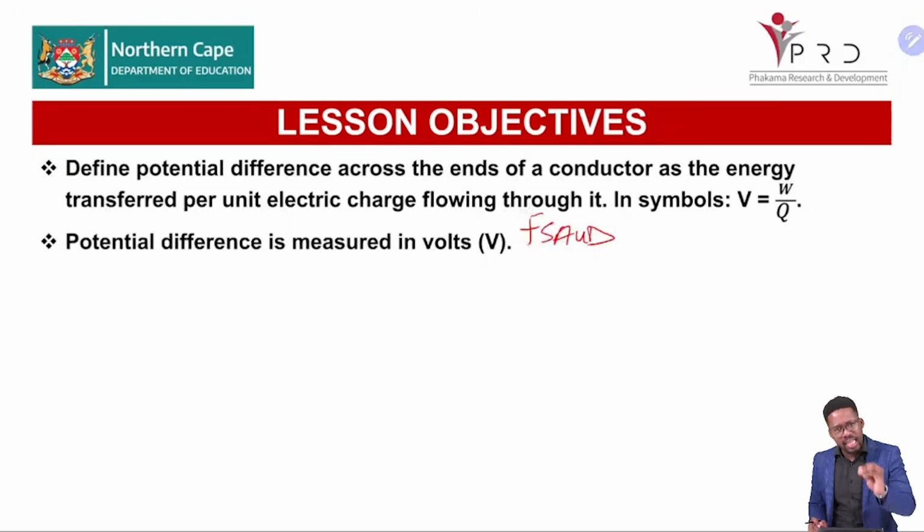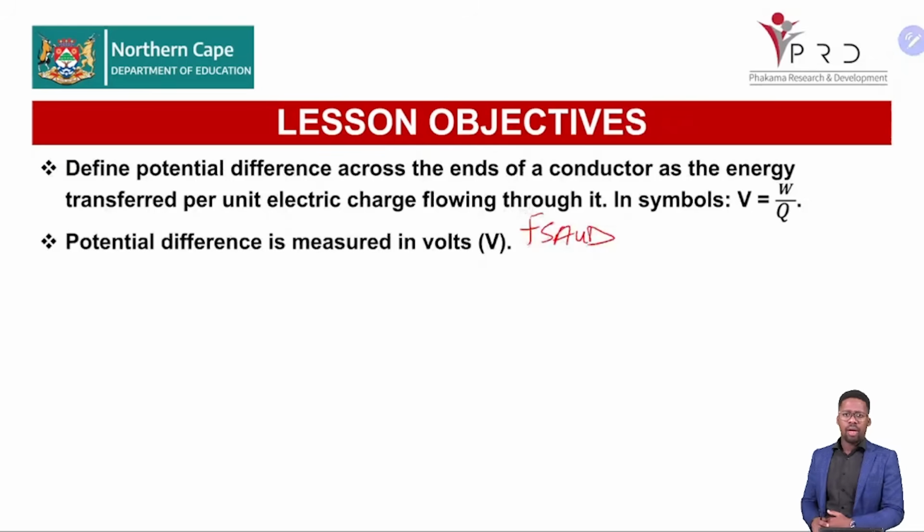So the units for the potential difference are volts. So when you are asked to calculate the potential difference in an electric circuit, you must make sure that you write the correct units.